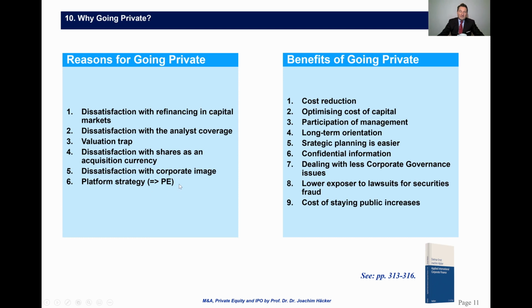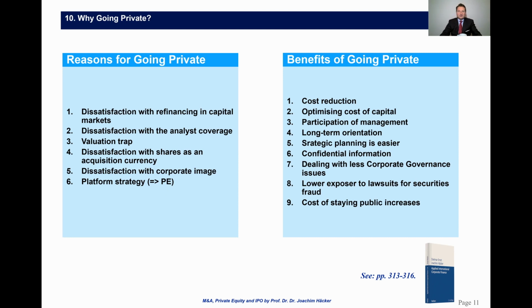Platform strategy can be realized by a private equity company, for example, when Cerberus bought Chrysler, and then the captive was put together with GMAC, the captive of General Motors, and then they were focusing on Visteon, the automotive supplier, realizing a so-called vertical strategy.